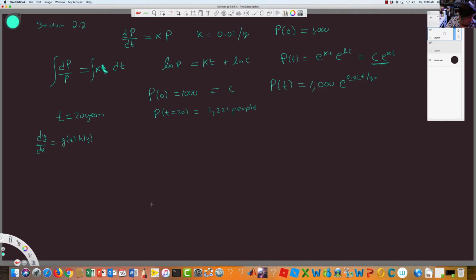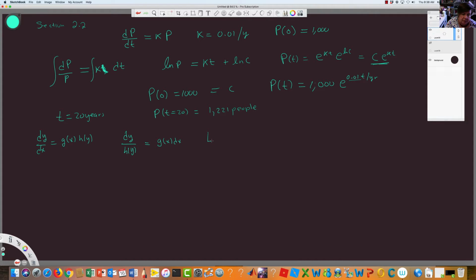So let's separate this. We have h of y on this side, and we have g of x dx. This is undefined at the zeros of h. If h has a zero, then it's undefined.